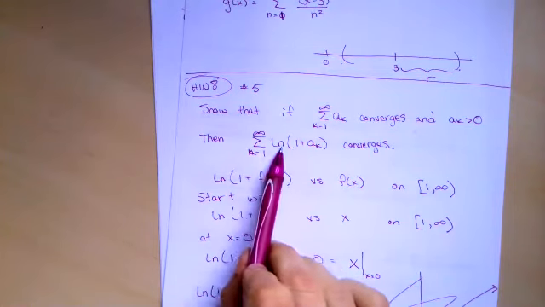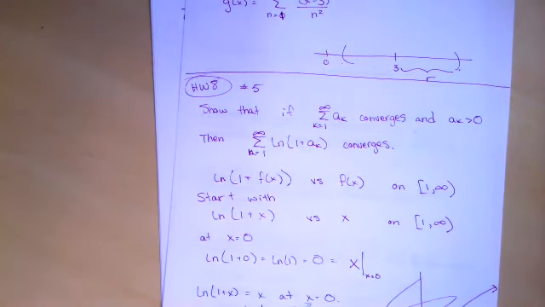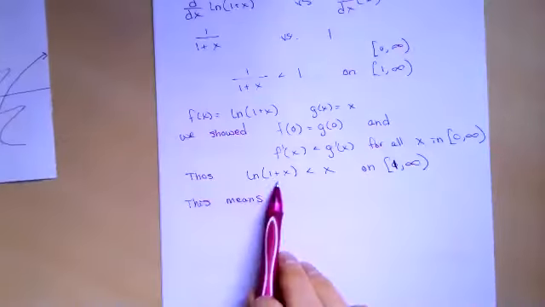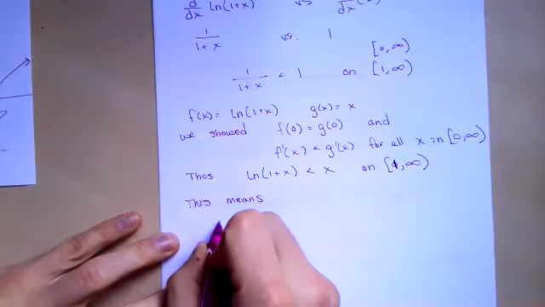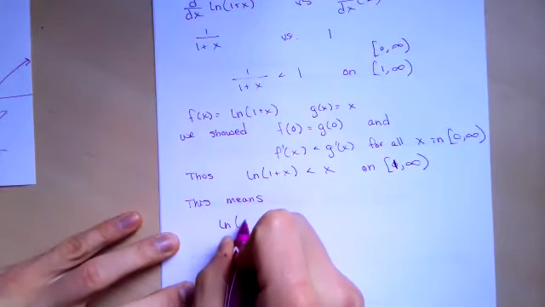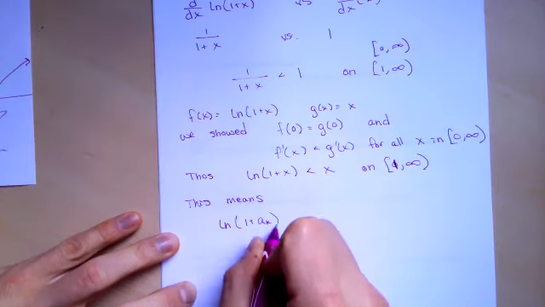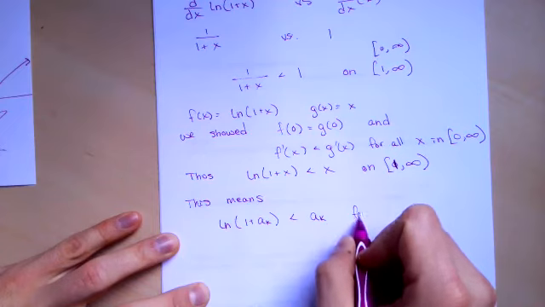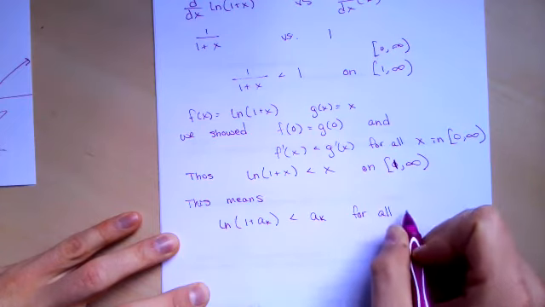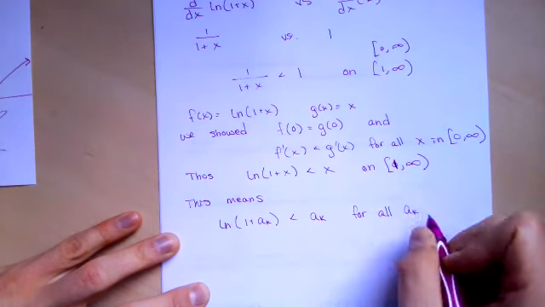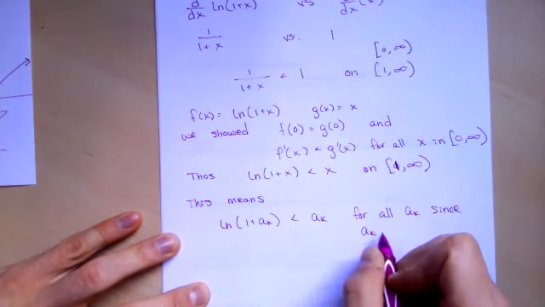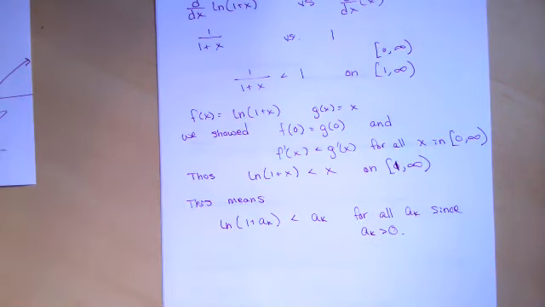And we want to show that the natural log of 1 plus that sequence will converge. So by this statement, for any number that I plug in for all a_k, since a_k is greater than 0.